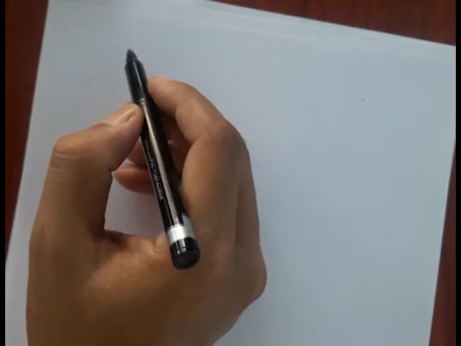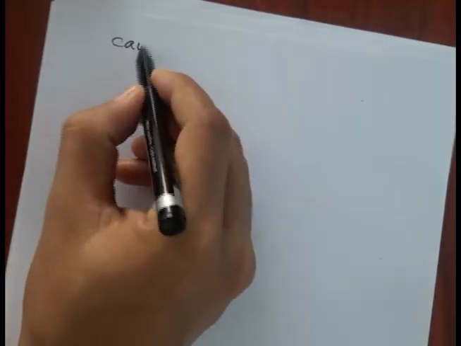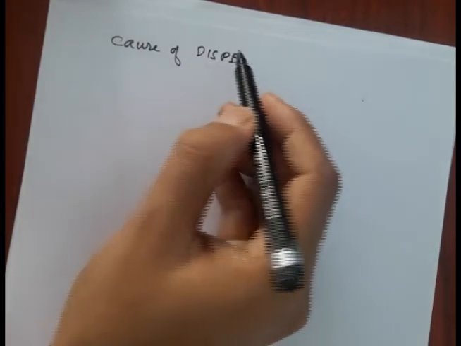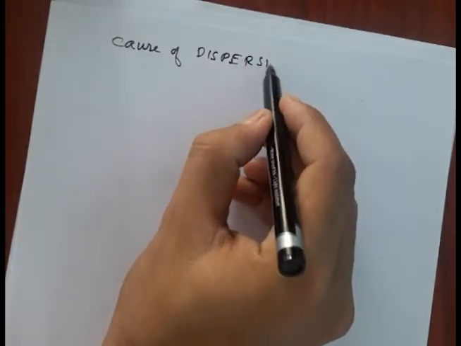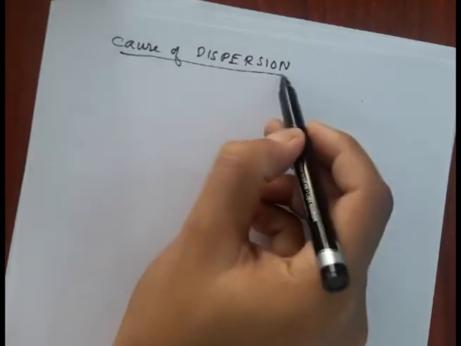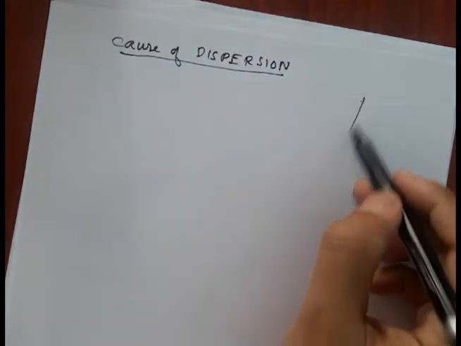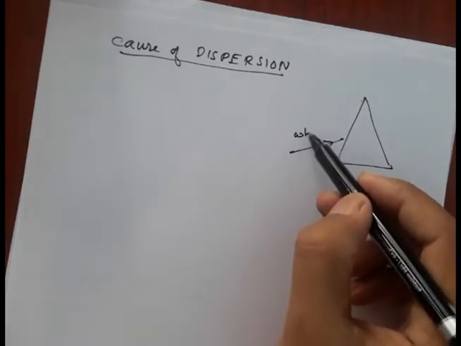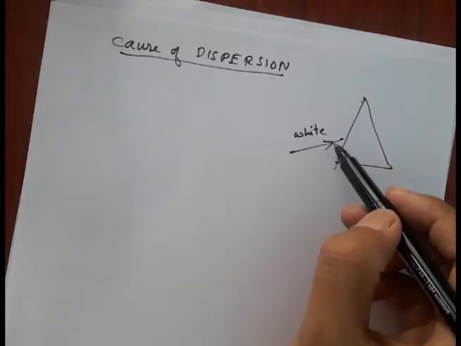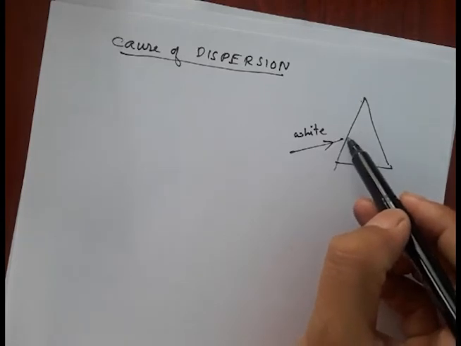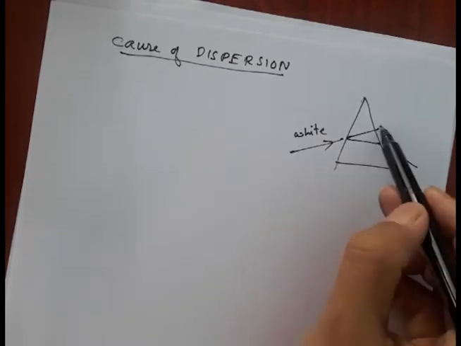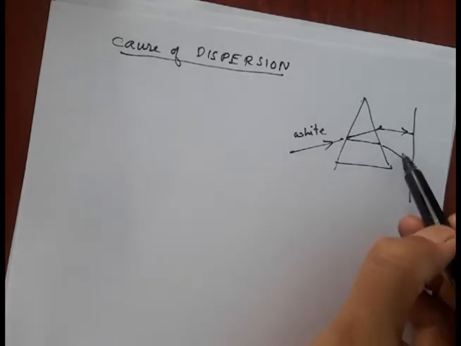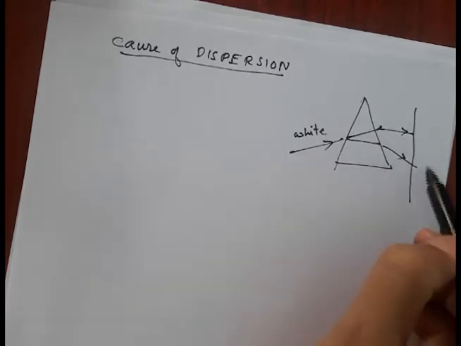I'll be explaining the cause of dispersion. We all know that when white light is passed through a prism, the white light gets split into different colors. This one you have already seen in class 10 and lower classes also.